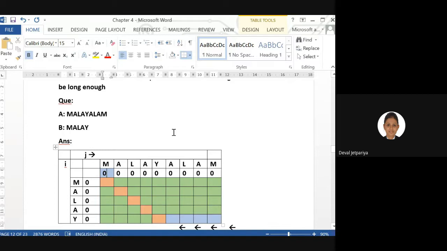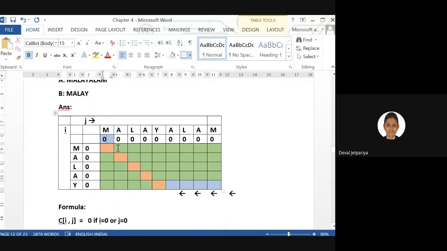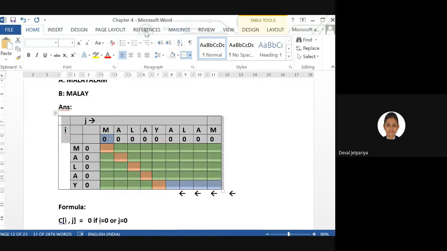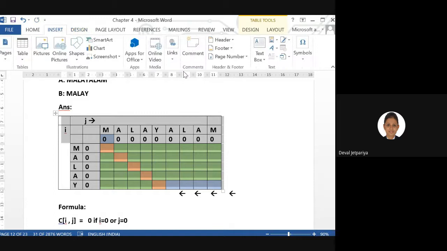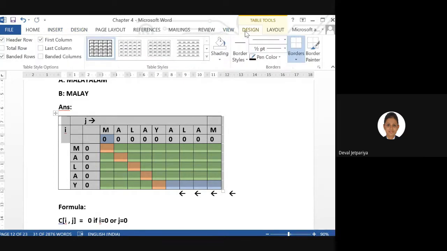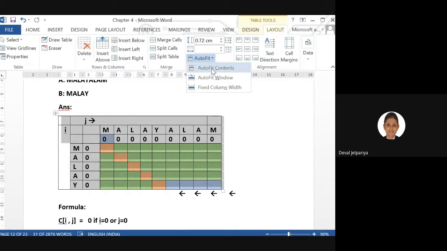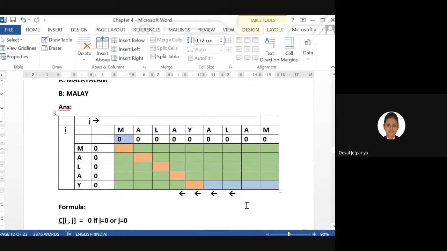Now you need to remember two rules in order to fill this table. Please listen carefully. Whenever you are filling this table, at a particular box you need to see both the input characters, the input character row wise and the input character column wise.